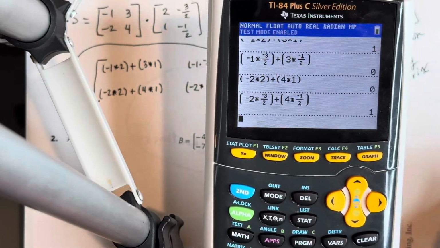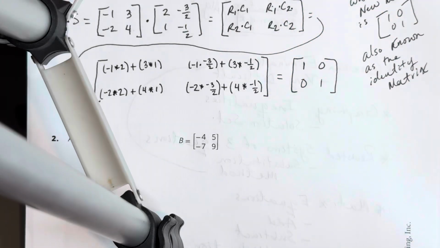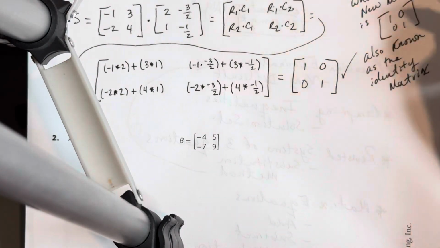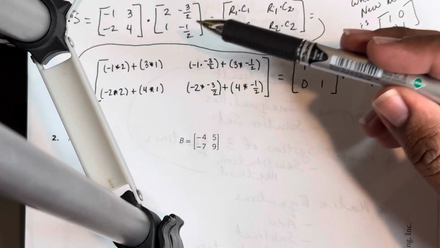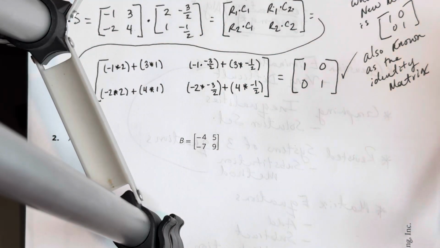Should give me 1. Beautiful. And there we go. This is good to go. So yes, the two matrices R and S are inverses of one another.